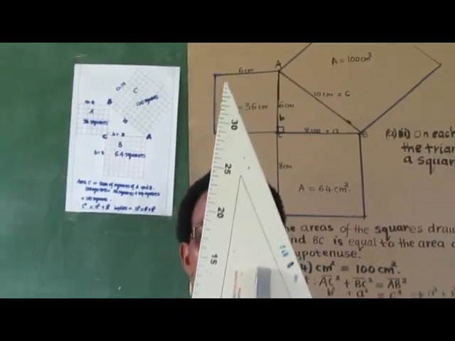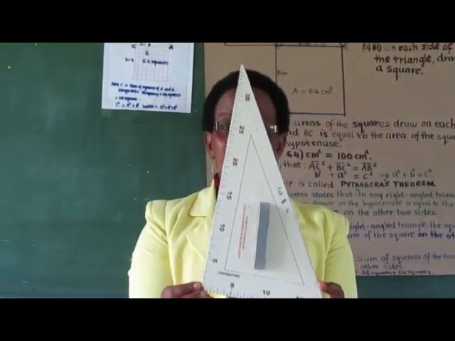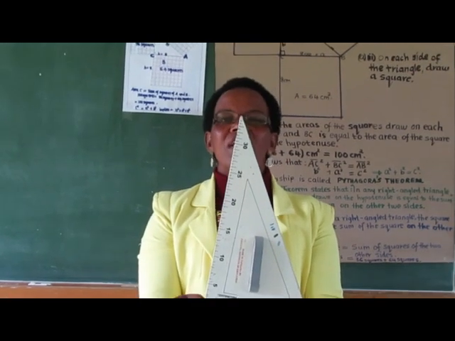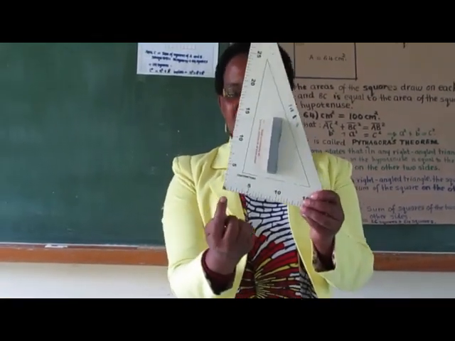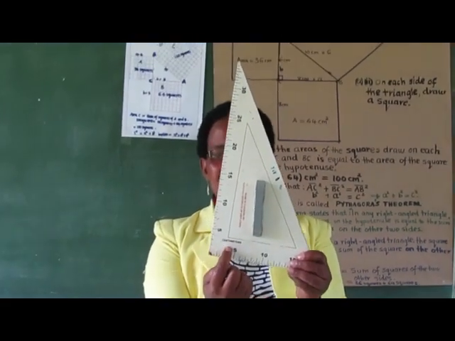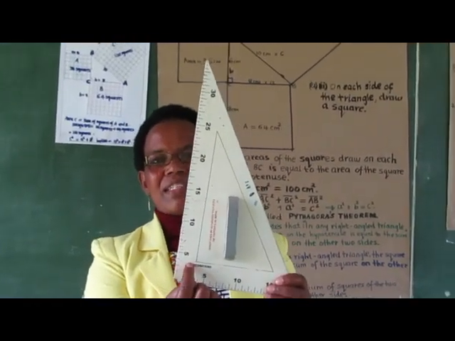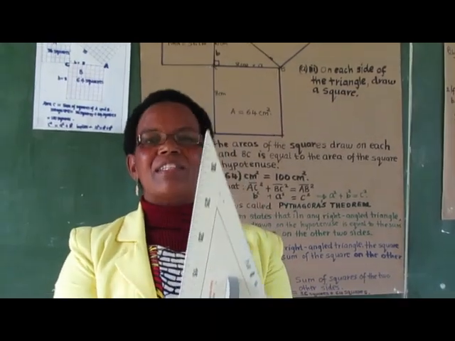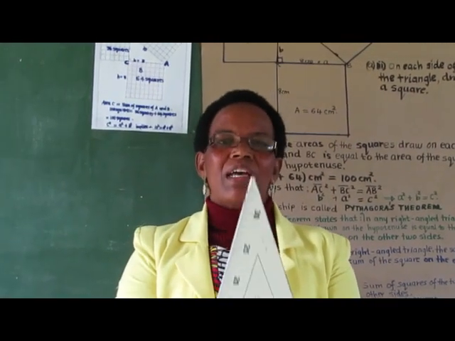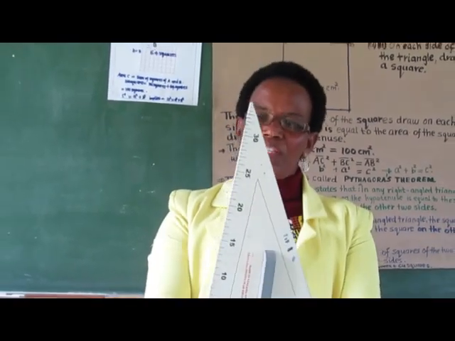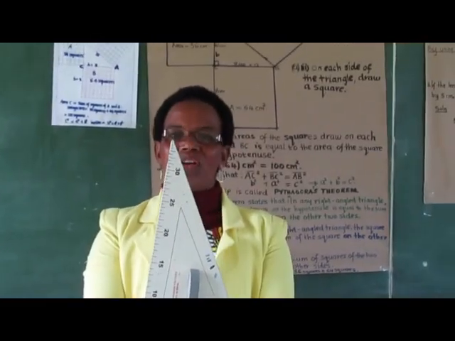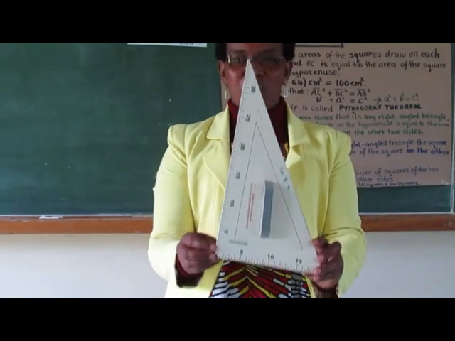Yes. This is a right-angled triangle from which we are going to derive the Pythagoras theorem. This angle here is 90 degrees, and that is why it is called a right-angled triangle. So you draw this right-angled triangle in your exercise books.